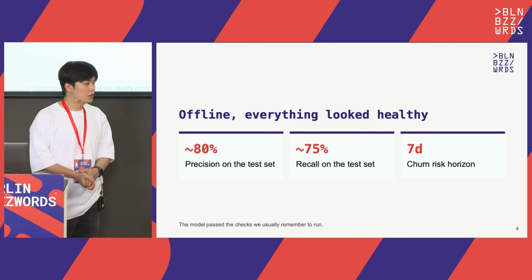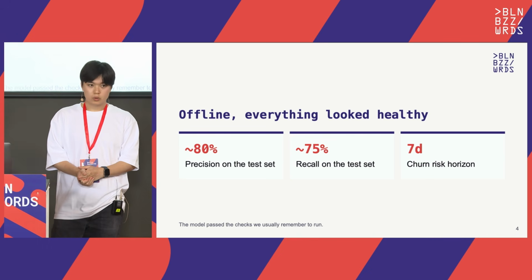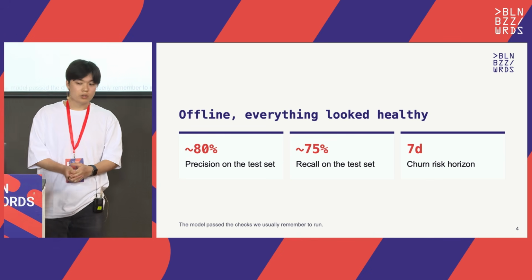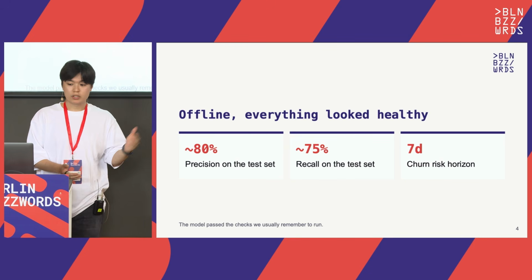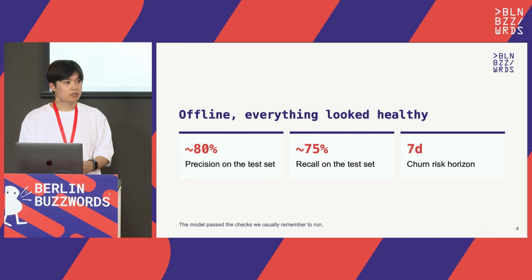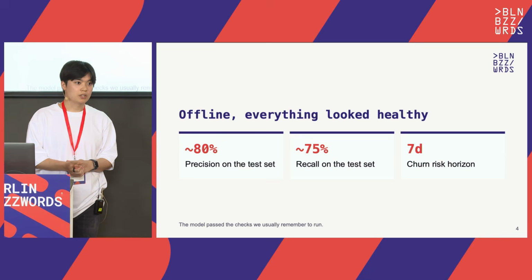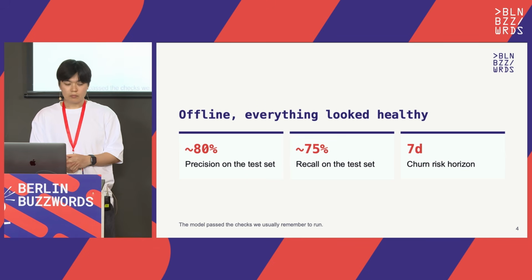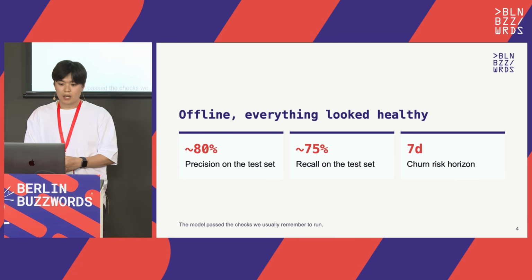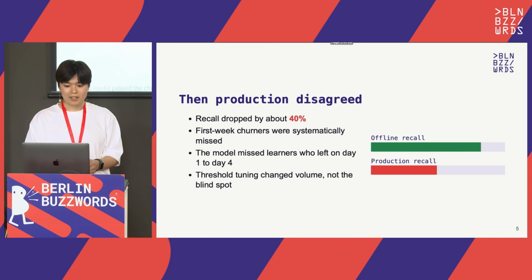When we achieved the first metrics, the model performed okay. We received 80% precision on the test set and approximately 75% recall, and everything seemed fine. However, production disagreed.